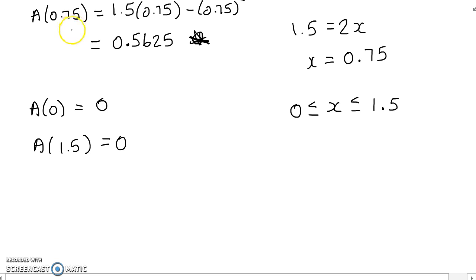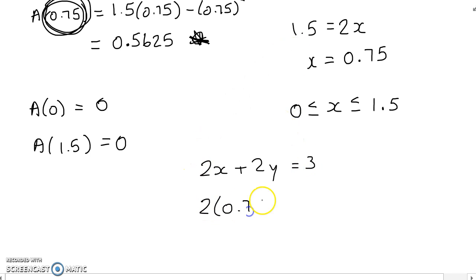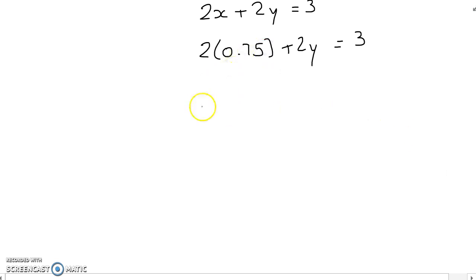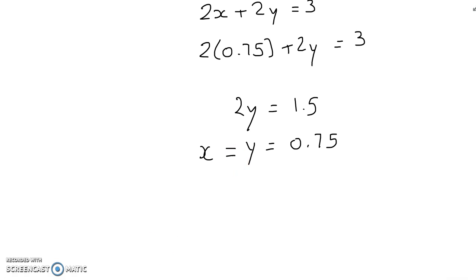So based on what we have here, we can see that the optimization for x would be 0.75, meaning that therefore the optimized x and y values will be x equals y, which all equals 0.75 meters.